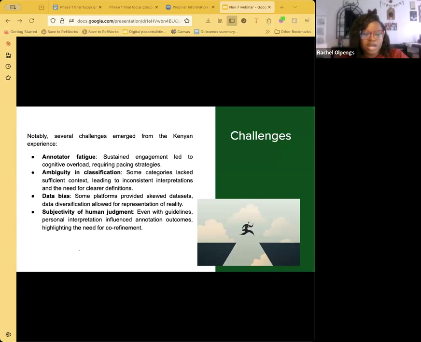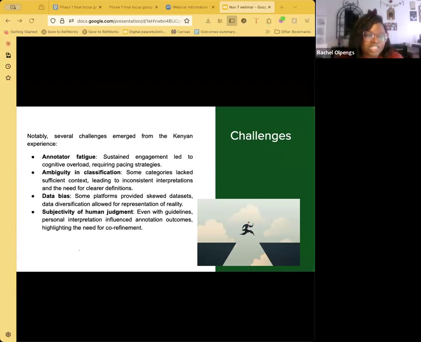So when you're looking at, for example, content from Instagram, you would say that there's no polarizing content, that the online space is safe, it's not polarizing in any way. But when you go to another platform, for example X, you'd find there's a variety. So having that diversification of data from the different platforms was able to counteract the challenge of data bias.